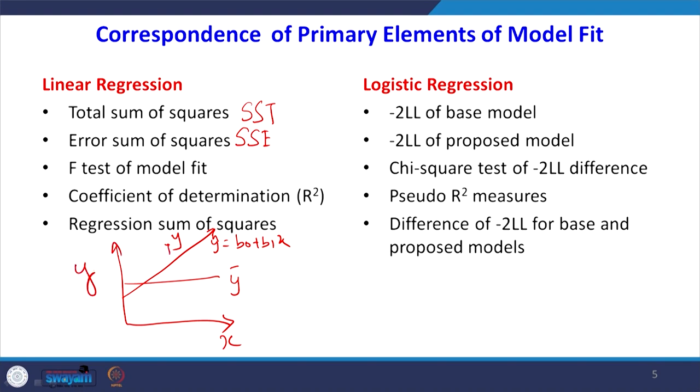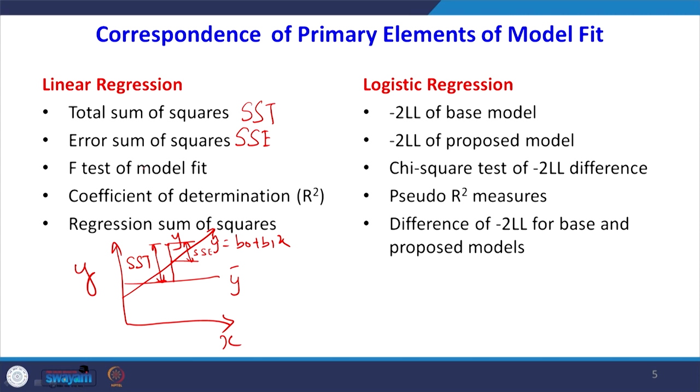So, this distance was our SST. The equivalent value in logistic regression is minus 2LL. Similarly, we have seen SSE, this unexplained length in the regression equation is SSE, error sum of square or unexplained variance portions.